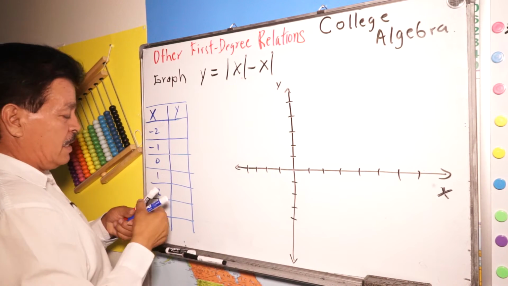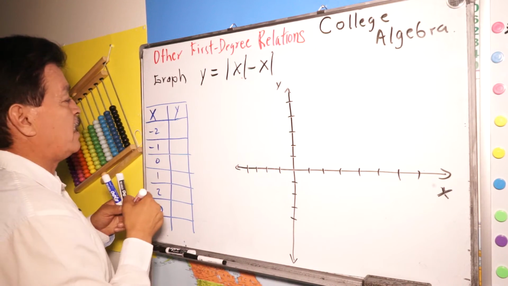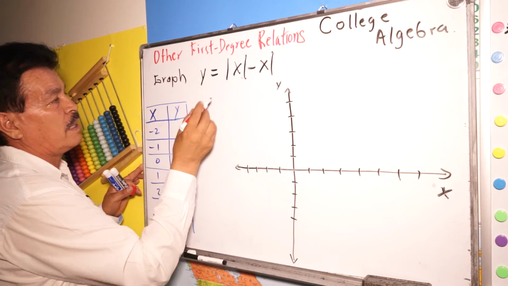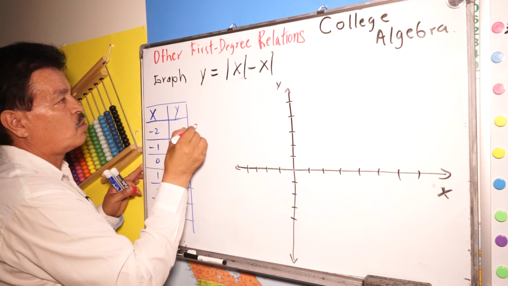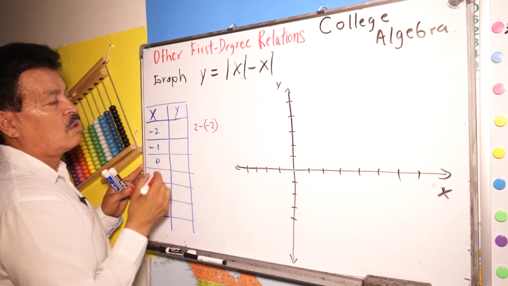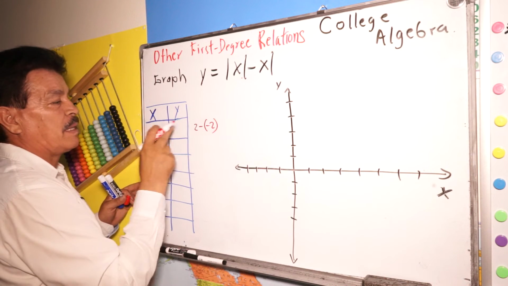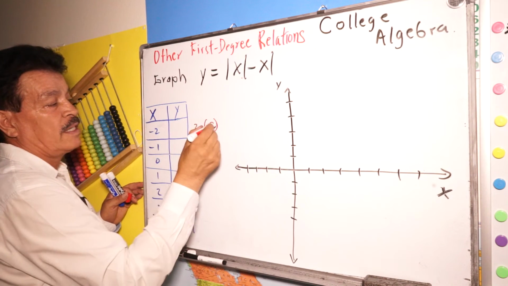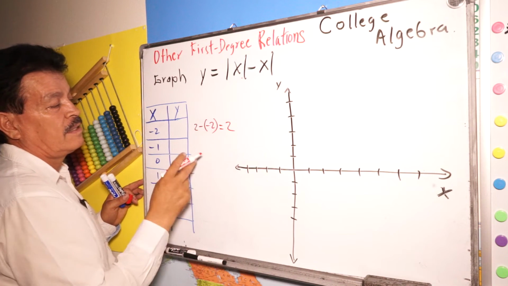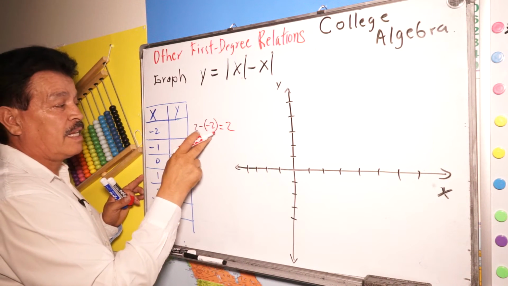What do I mean by this? Let's write the problem right here. The absolute value of negative 2 is 2, minus negative 2. Negative times negative is positive.